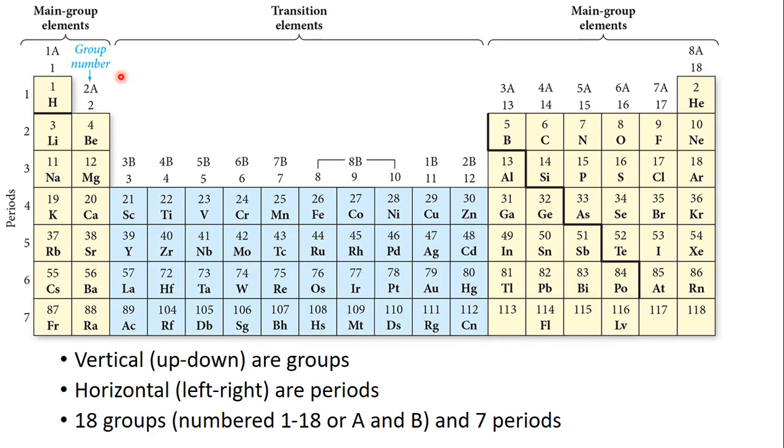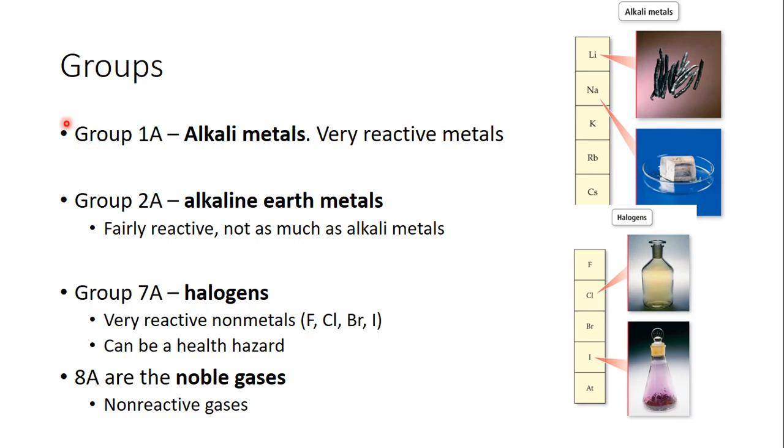Now, based on what group the main group elements are in, they have very different properties. Group 1A are the alkali metals, and these metals are very reactive. They're lithium, sodium, potassium. Group 2 metals are your alkaline earth metals, and they are also reactive, but not as reactive as your alkali metals.